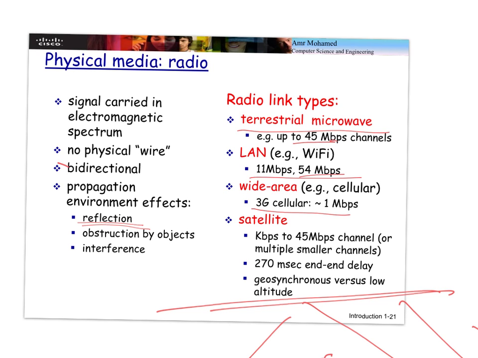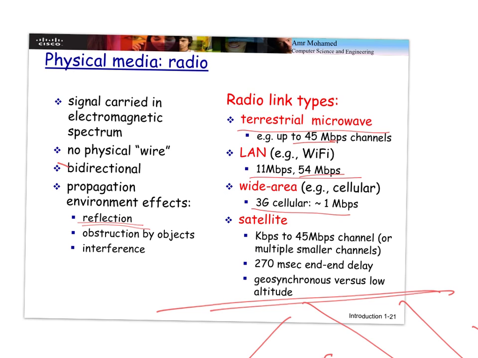Satellite, we talk about communication from the satellites to the end devices directly. So we use the satellite similar to an access point. And we used to have even internet access through satellites at some point. So satellite provides also another type of access network.